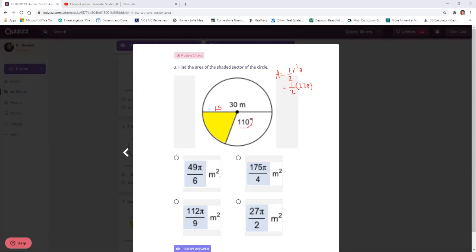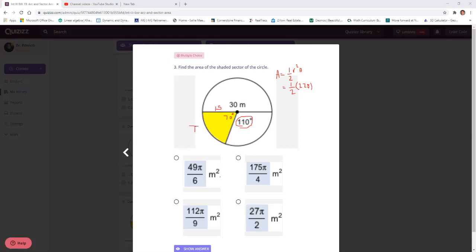Well, if this is 110 degrees, then this has to be 70 degrees because I know there are 180 degrees in a straight line. So let me convert 70 degrees to radians. Well, that's going to be 70 times pi over 180, which ends up being 7 pi over 18.